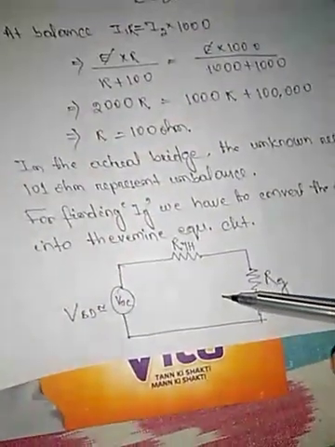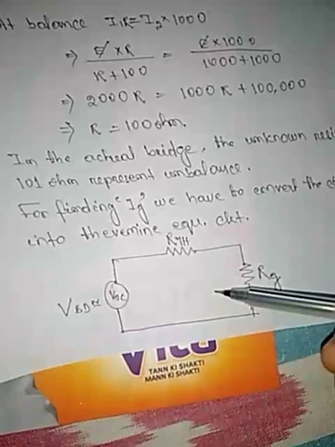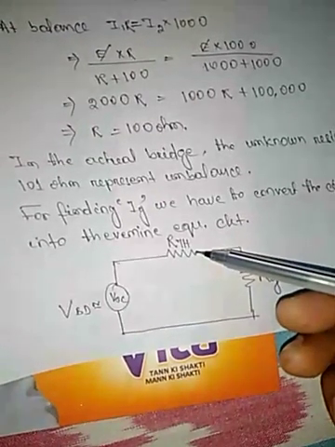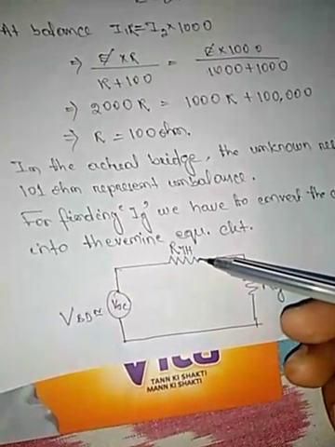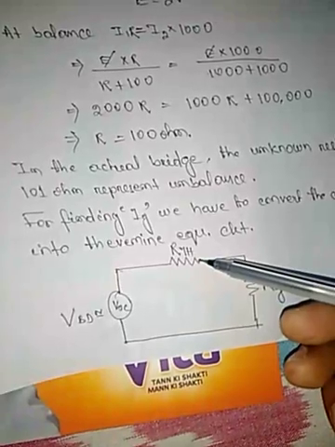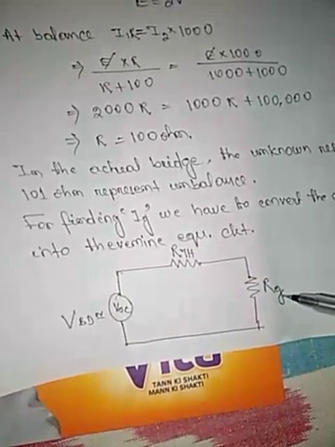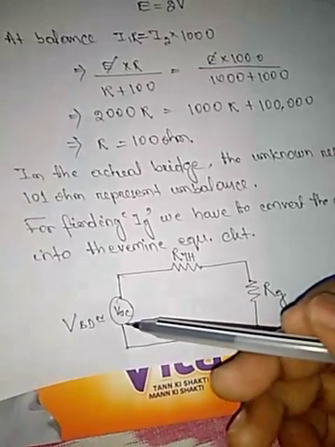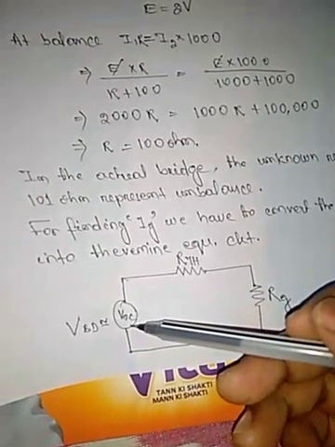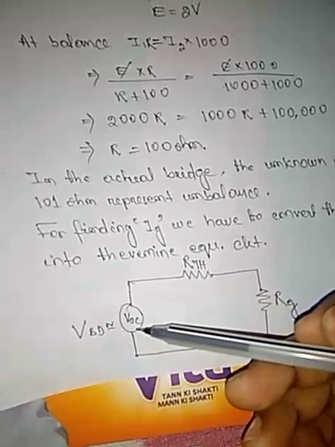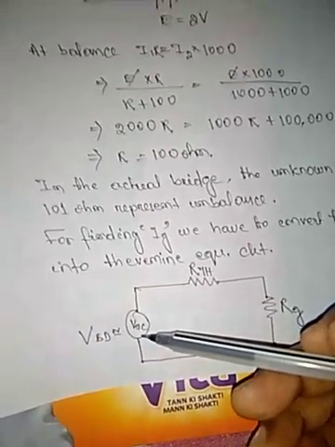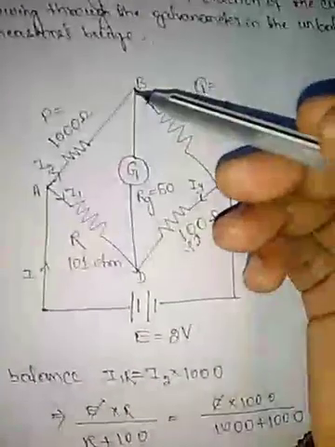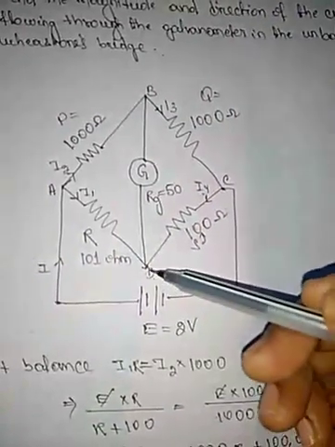So this is the Thevenin equivalent circuit. RTH is the bridge arm resistance. Rg is the resistance of the galvanometer, and VOC, also called VTH or Thevenin equivalent voltage, is the voltage across the BD points.